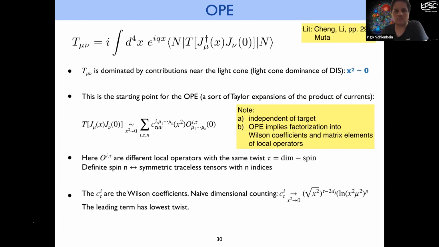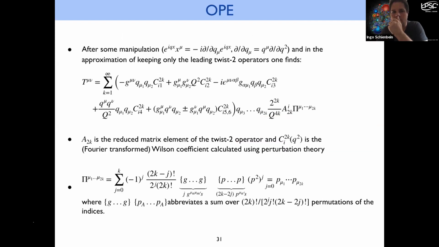Okay, so that's basically all I want to say about the OPE. Just summarizing quickly, there are a lot of manipulations if you look at the few pages in the textbooks, where you then really evaluate the forward Compton amplitude T mu nu for twist 2 operators, and the Fourier transform of the Wilson coefficient will appear, and so on and so on.